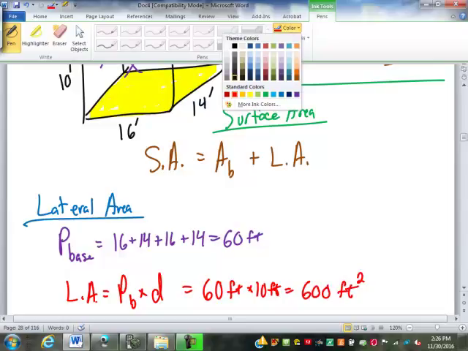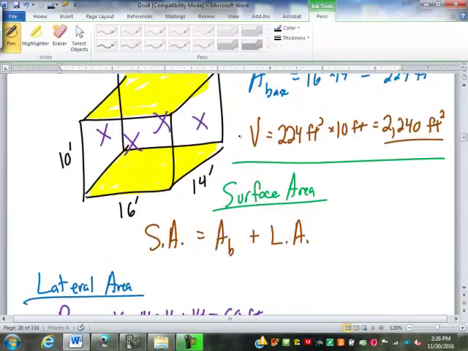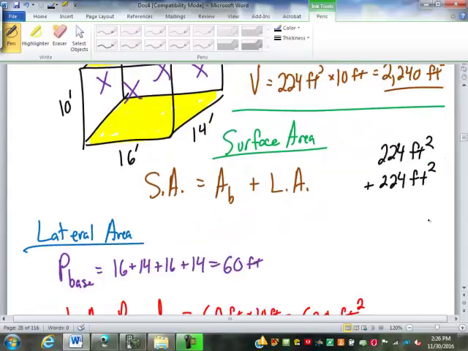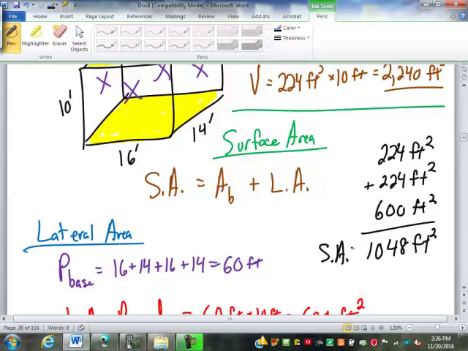So the surface area here is the area of the base, which we already found to be 224 square feet, plus another one, because there's a base on top, plus that lateral area of 600 square feet, which gives us 1,048 square feet for our total surface area.